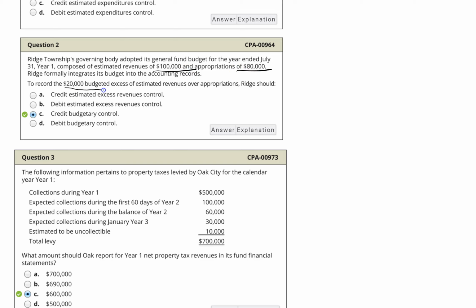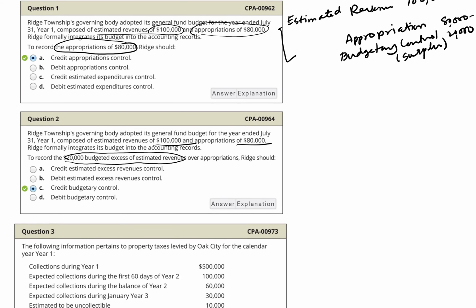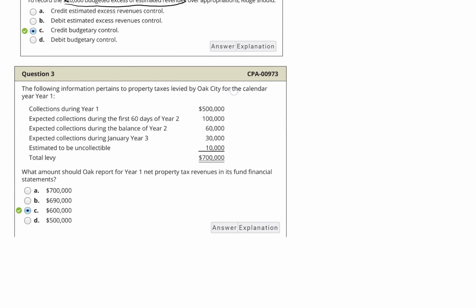To record the 20,000 excess of estimated revenues, what they need to do, we actually did it, this is the same number, so they have to credit this remainder of $20,000. This is the excess of their revenues, so they actually credit it as budgetary control or budgetary fund surplus. So the answer is C.